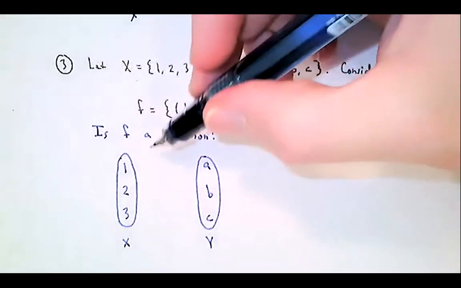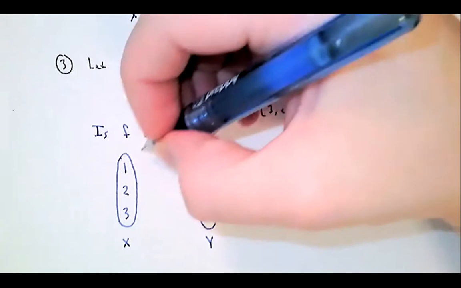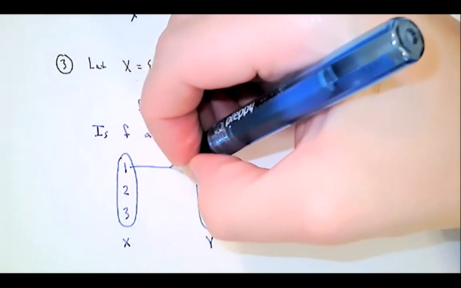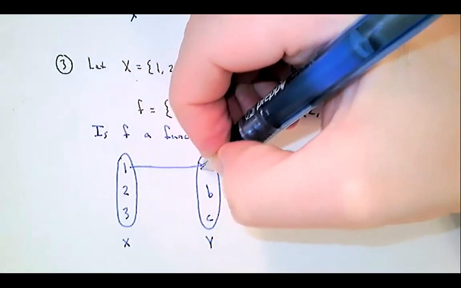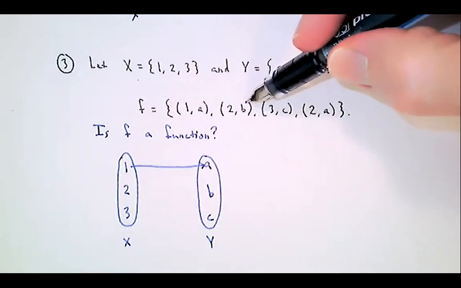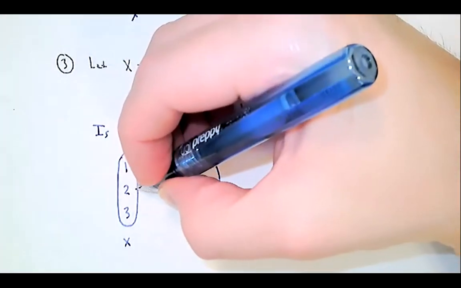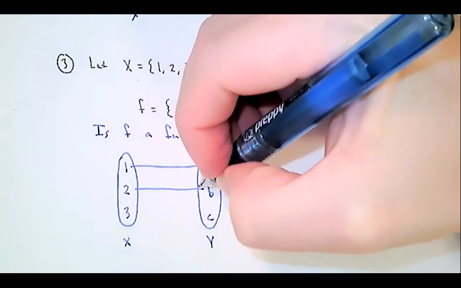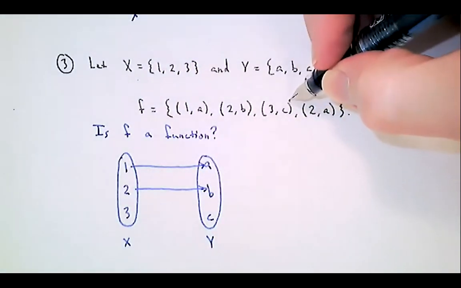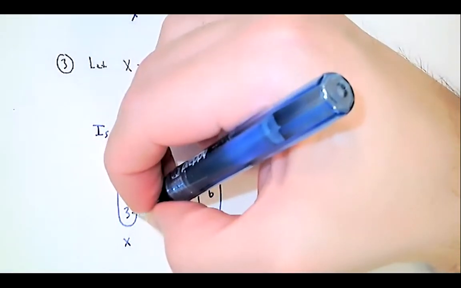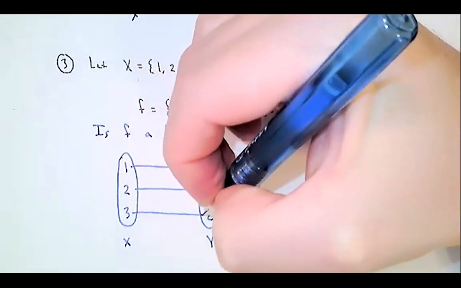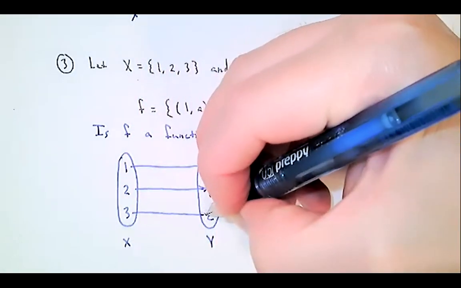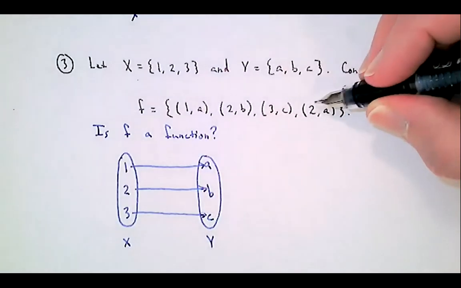So we'll start with an arrow from 1 to A, and then an arrow from 2 to B, an arrow from 3 to C, and then finally an arrow from 2 to A.